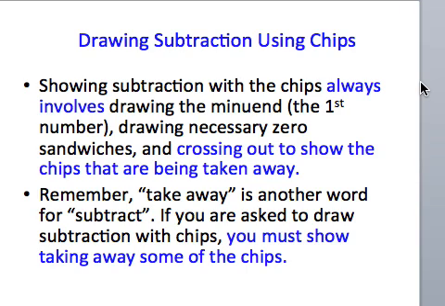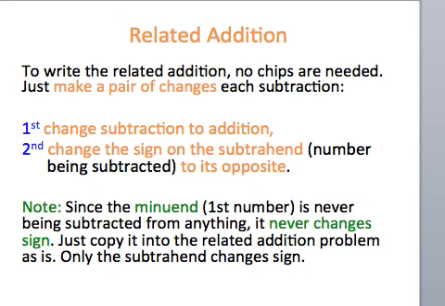Then you draw whatever zero sandwiches are necessary, and then you cross out what's being taken away to show the subtraction. So in the chip model, you always have to show taking away the chips that are being subtracted. You always have to cross out some chips.